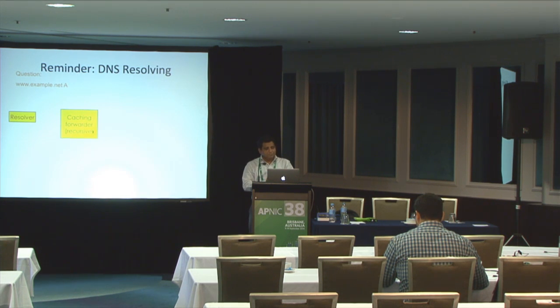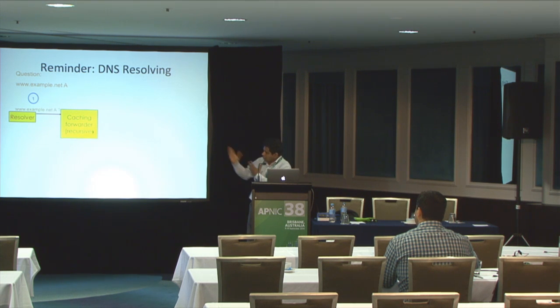day-to-day businesses, right? Now, what really happens when, for example, you're trying to browse a certain website, or even if you want to do some DNS query, this is what really happens. Say that you're doing a query, in this example, to a web server, which is www.example.net.